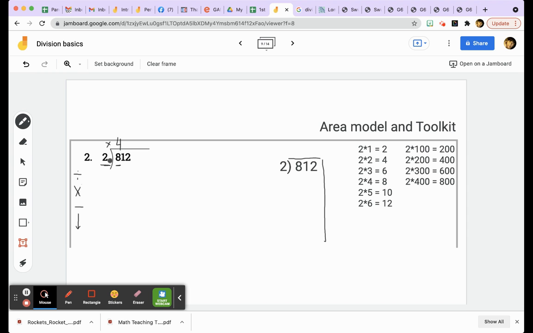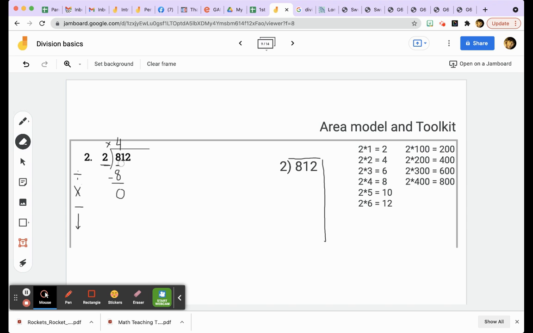So I put 4 in the quotient. After I divide, I multiply back. 4 times 2 is 8. After I multiply back, I subtract. 8 subtract 8 is 0.